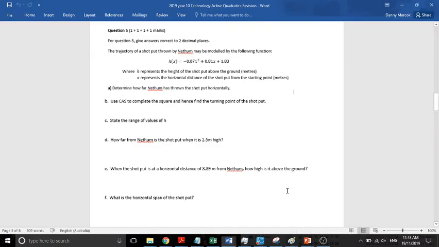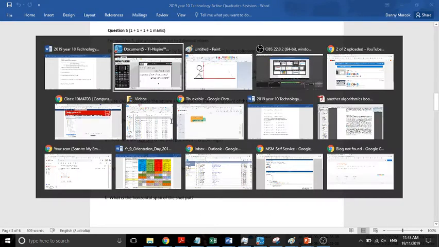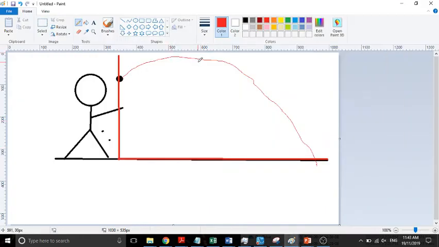Now the next question wants to know the range of values of h. If we're dealing with the vertical, this is our range. If we're dealing with horizontal, this is our domain. So it wants to know the range of the height. What's the lowest it can go? Well, the lowest it can go is 0.